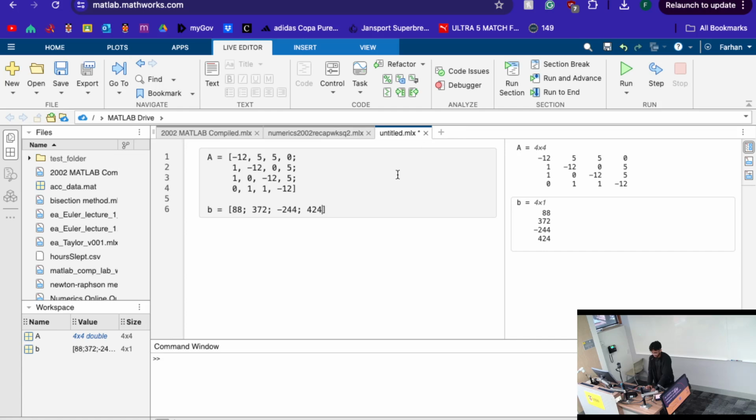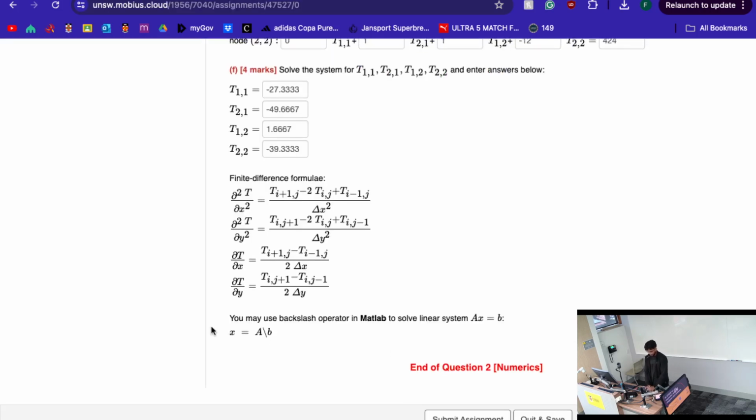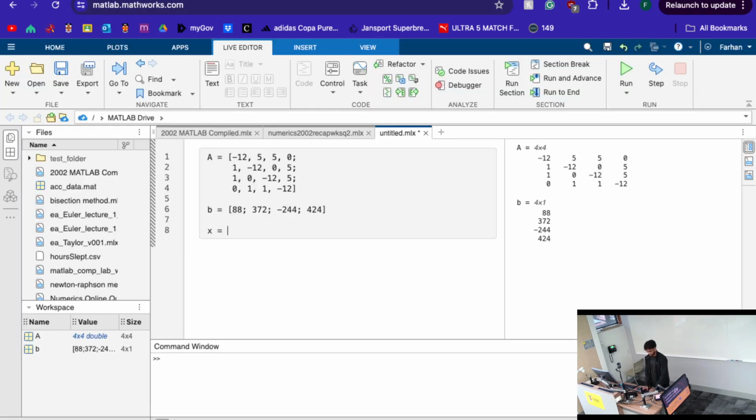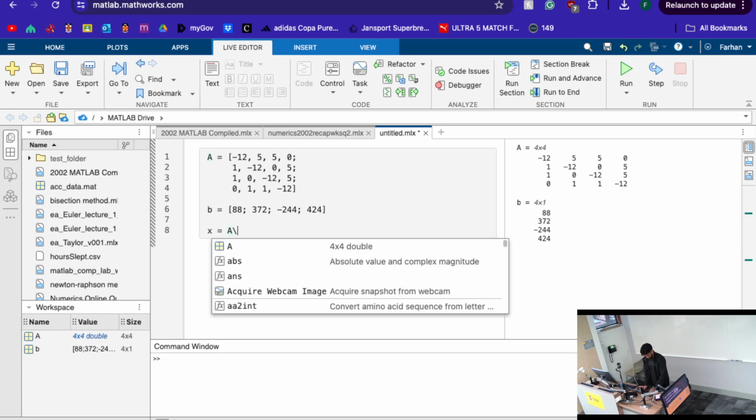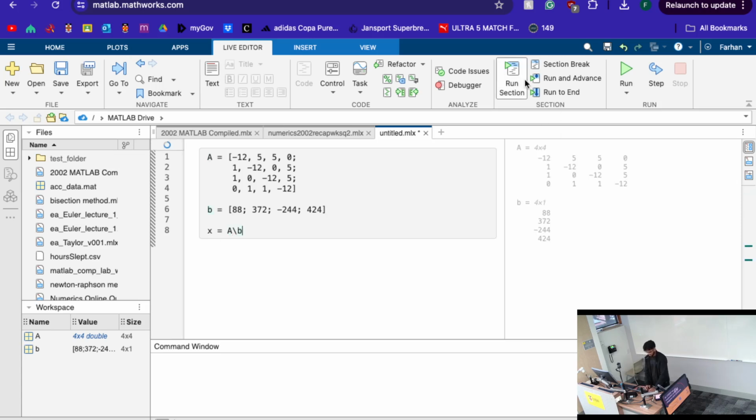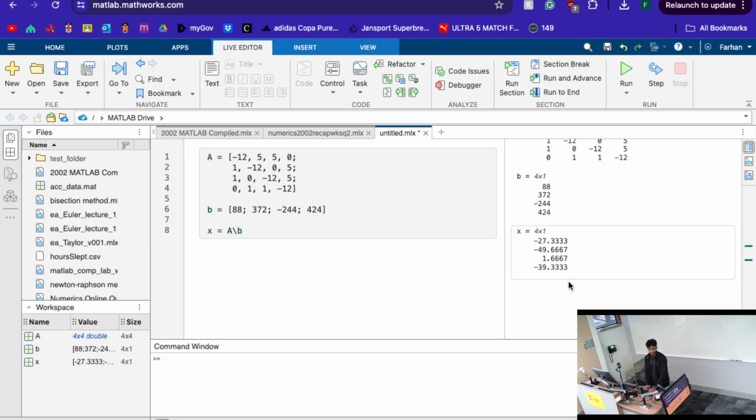That's a vector, okay, cool. And then they've also given us the code for MATLAB. So you can just say x is equal to A, this dash, and then B. Why is it that dash? Because that's just how it is.